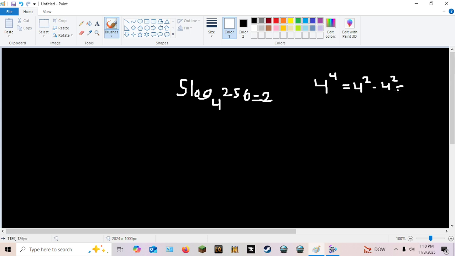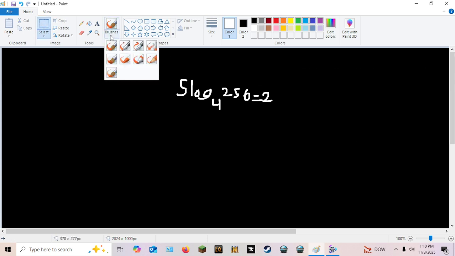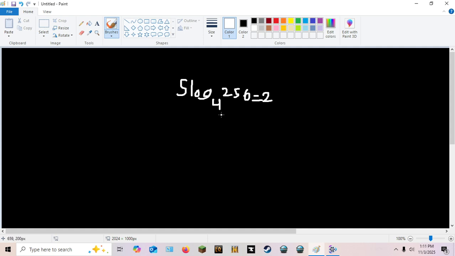I can replace 4 squared with 16 because I know what 4 squared is. Now we're just gonna multiply. 16 times 16 gives you 256. Convert to tetration form: 4 tetrated to 2 equals 256.